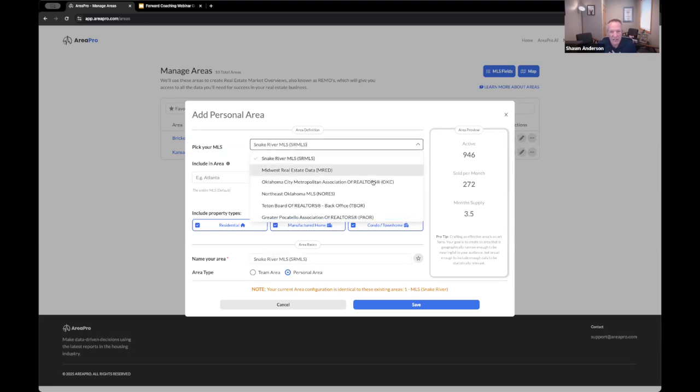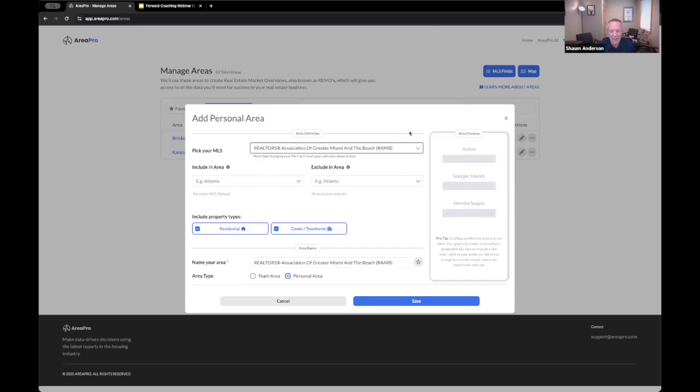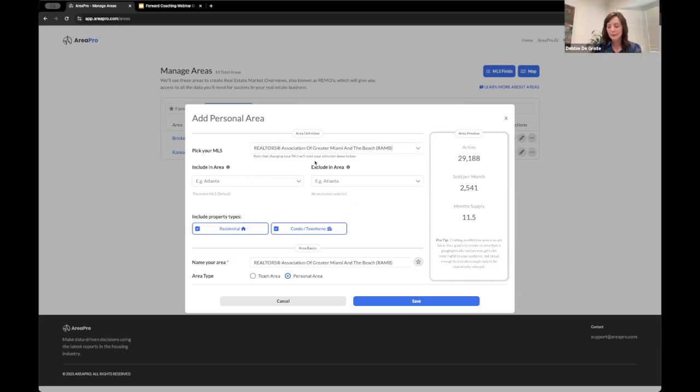But because Debbie asked this, and I think this is a great way to go about it, if I want to analyze this area that we're talking about, Brickell Bay, then going back to the previous conversation about the different horizons, I might first want to take a look at the county that it sits in. Miami-Dade. Okay. So as soon as I load this MLS and I tell Area Pro which MLS I'm talking about, I get this instant read.